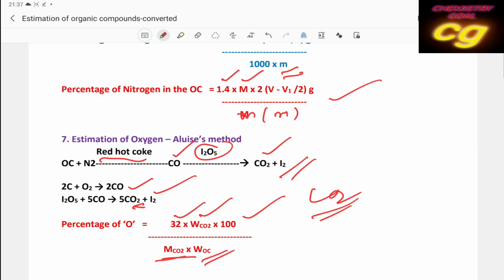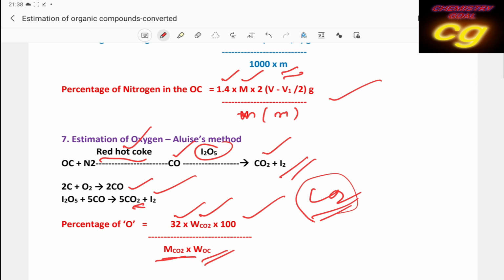Same formula. From the amount of CO2 produced after the reaction, we can calculate the percentage of oxygen present in the organic compound. Because we are using red hot carbon, the percent of carbon is not required, but the percent of oxygen will be calculated. Oxygen already present in the organic compound is converted to carbon dioxide by heating with coke in the presence of I2O5.